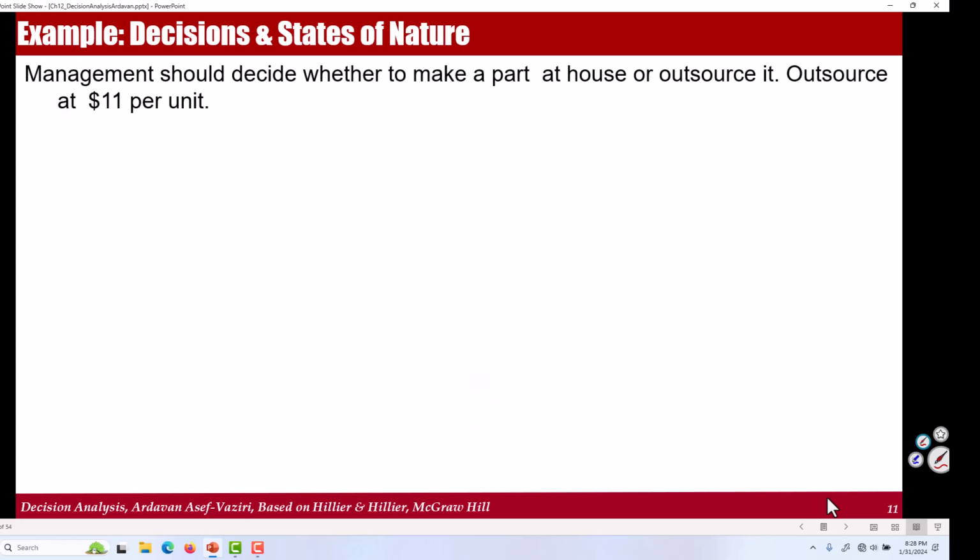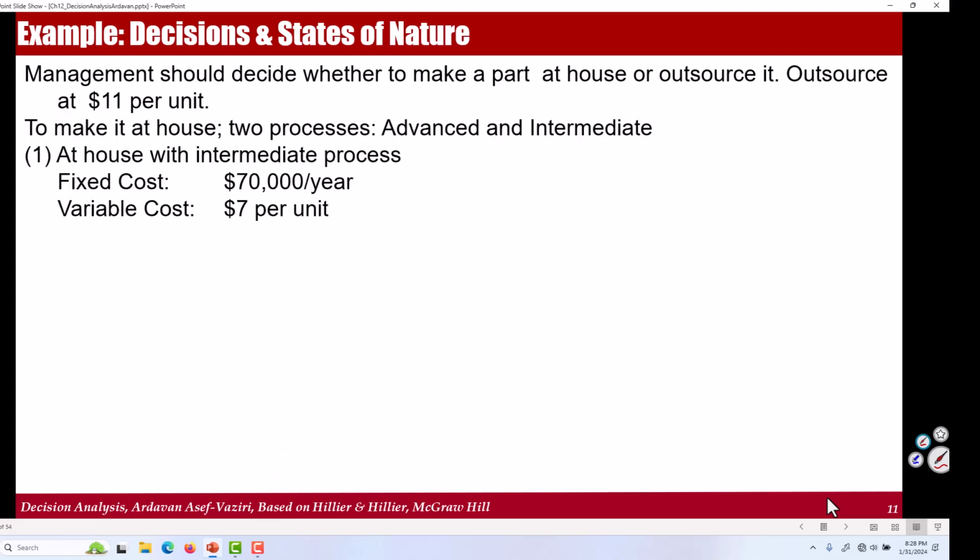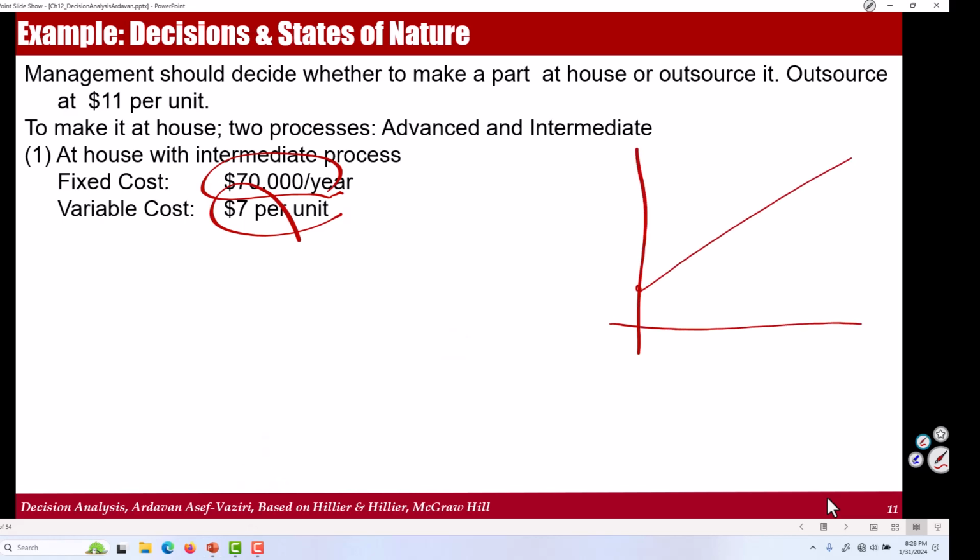There is a product. We can buy it from outside, or we can make it inside using two alternatives. If you buy it, the cost is $11 per unit. If you manufacture inside, you have an intermediate process, whose fixed cost is $70,000 and variable cost is $7.